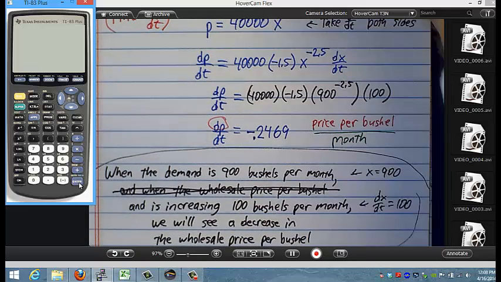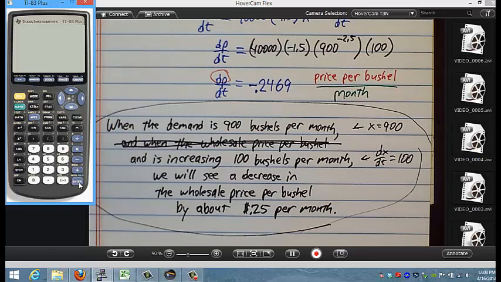Per bushel per month. Yeah. So the price is given in price per bushel, and we see that it's a month also.